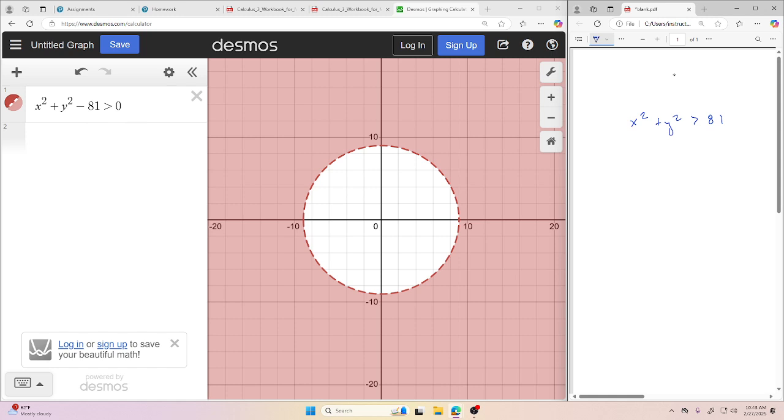And so I'm saying that my x squared plus y squared, my r squared, should be greater than 9 squared. My radius should be greater than 9. So again, we got a radius, and I'm saying more than that. But also notice it's not including 9, is it? So that's why we've got dashes.